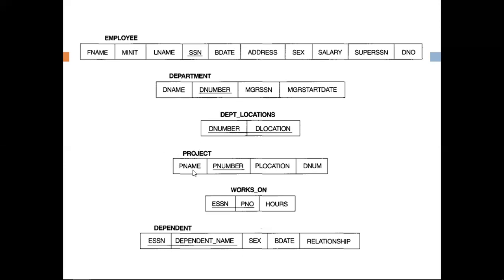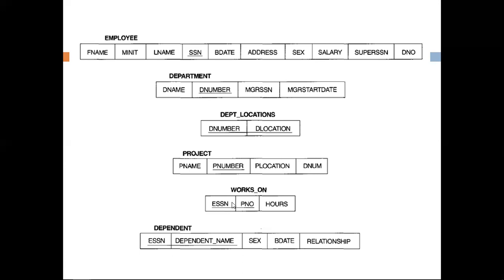Then we have the project relation. The various attributes here are the name of the project, project number, location of the project, and department. Each project will belong to a particular department, and one department can have any number of projects.